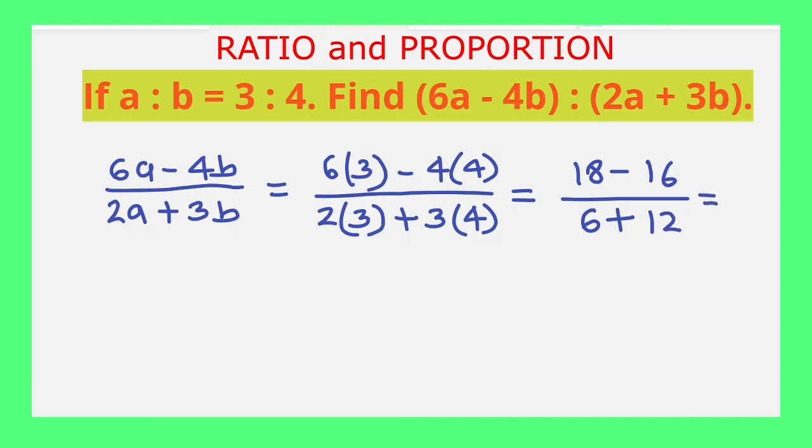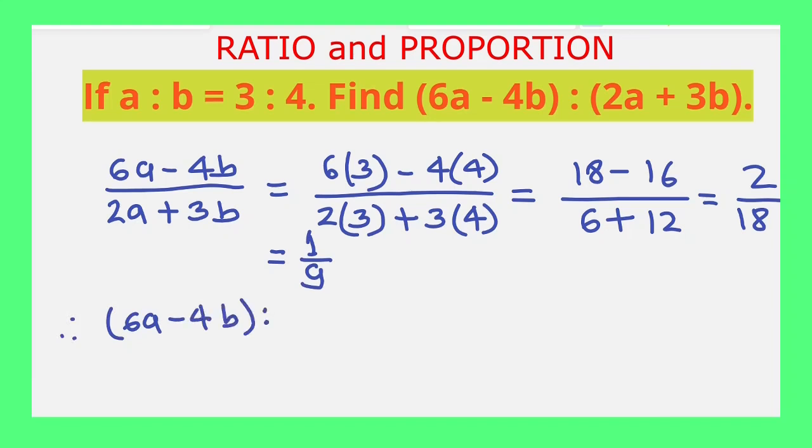This is equal to 18 minus 16 is 2, and 6 plus 12 is 18. So this is 2 upon 18, and dividing numerator and denominator by 2, we get 1 upon 9. Thus 6A minus 4B ratio 2A plus 3B equal to 1 ratio 9.